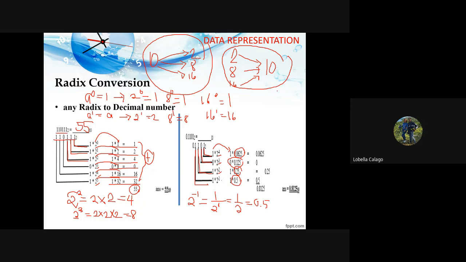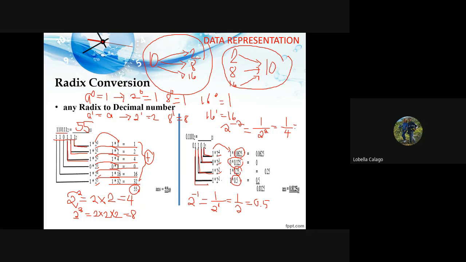The same lang din sa 2 negative 2. So, this is equals to 1 all over 2 squared. So, ngayon, 1 over 2 raised to 2 is, anong 2 raised to 2? We all know that 2 raised to 2 is 4.